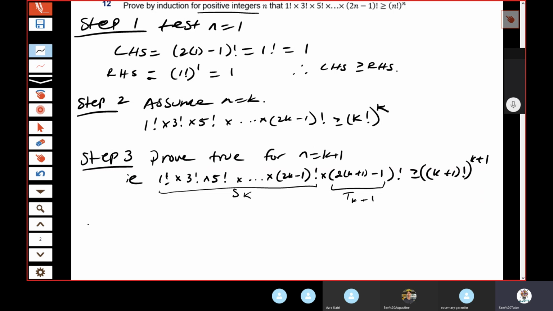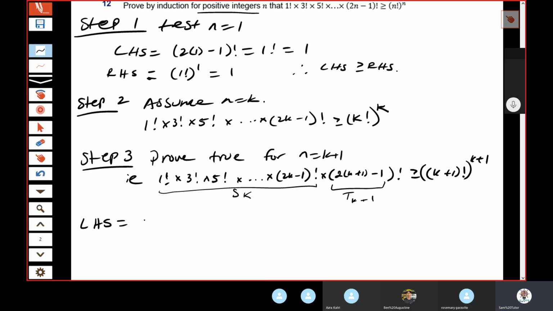Okay, let's start. Left-hand side. Left-hand side is all of this times this, but what is all of this equal to? What is all of S of k? Well, isn't all of that just k factorial to the k?